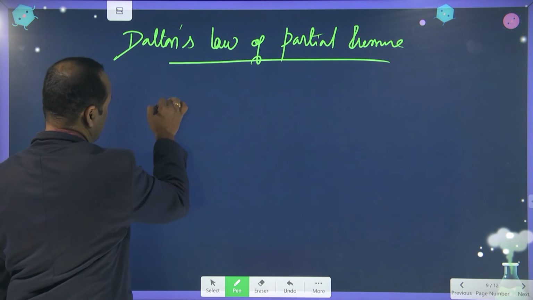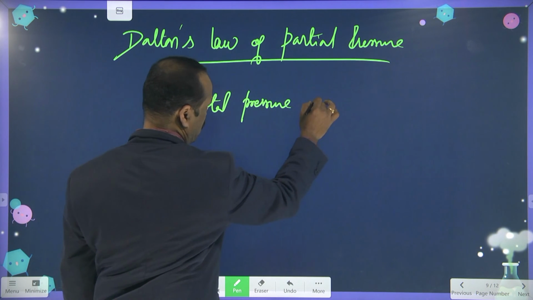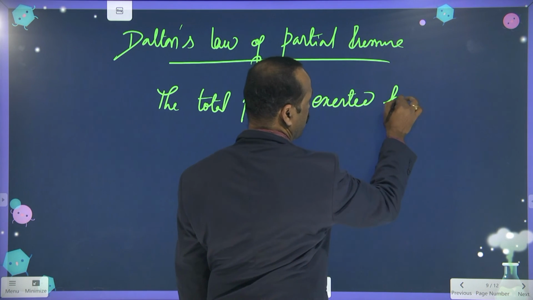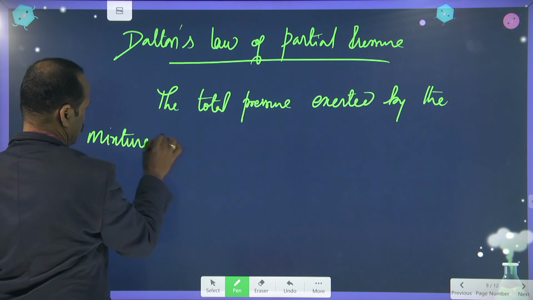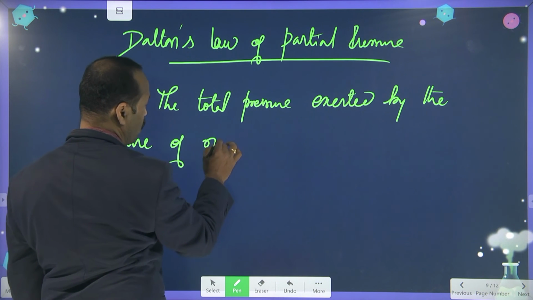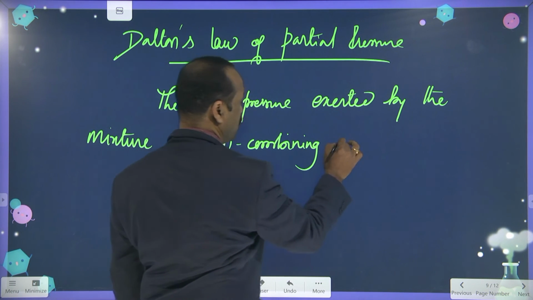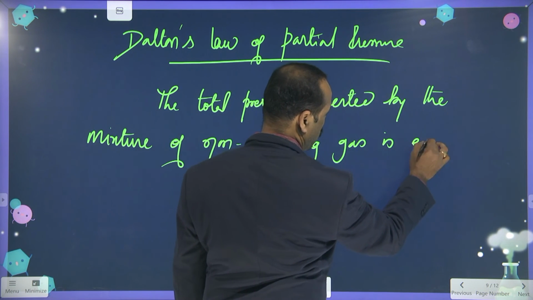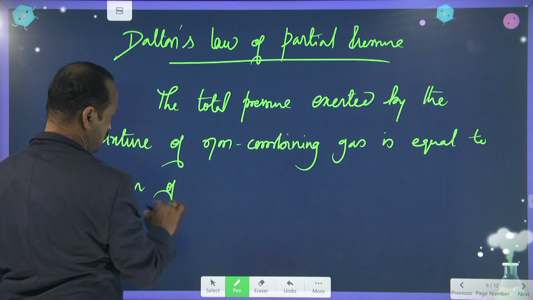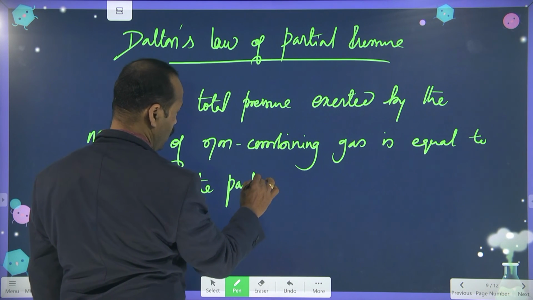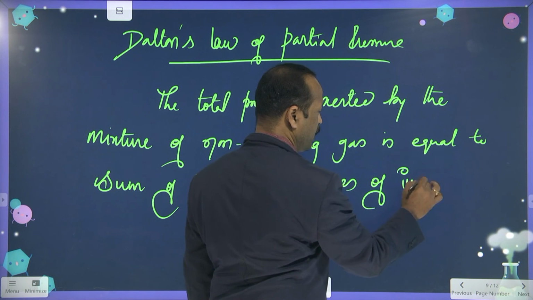So what it says is the total pressure exerted by the mixture of non-combining gases, or non-reacting gases, anything you can say, is equal to the sum of the partial pressures of individual gases.